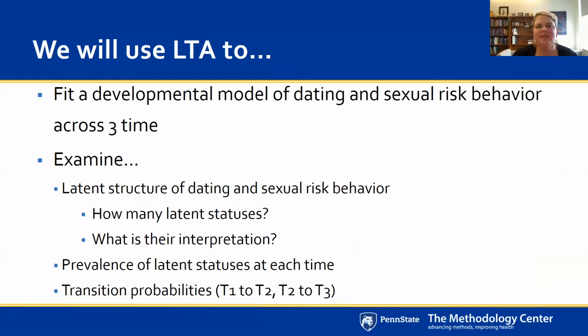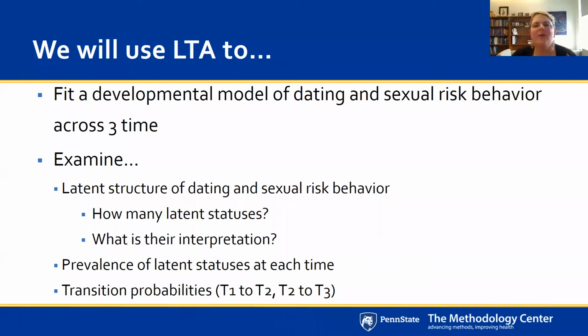So the goal of this paper was to fit a developmental model of dating and sexual risk behavior across 3 times. And we had several research questions that we felt were best addressed using LTA. So we're going to look at the latent structure of dating and sexual risk behavior, and we're going to unpack that first.